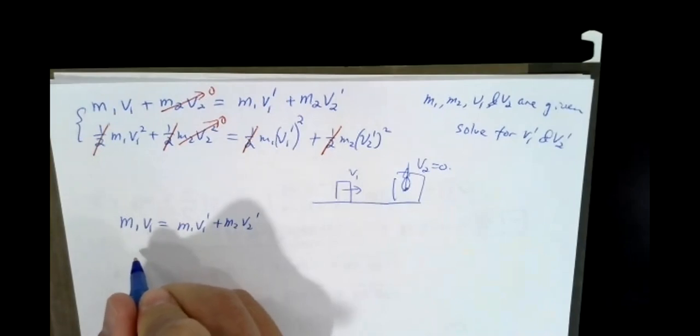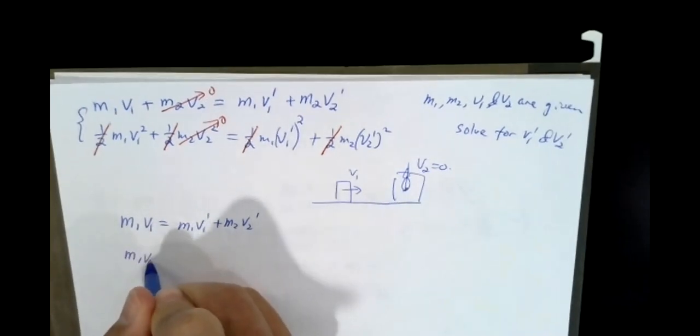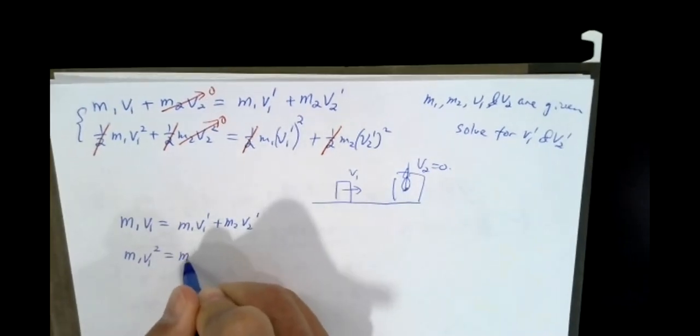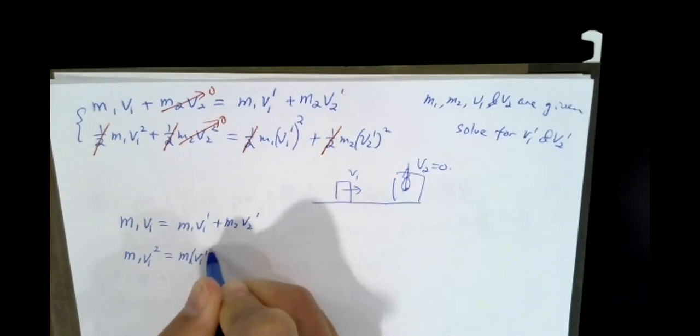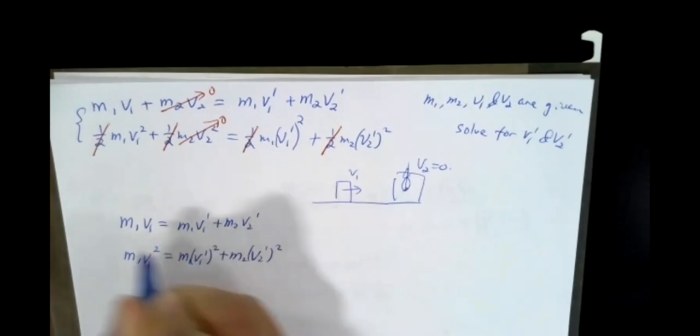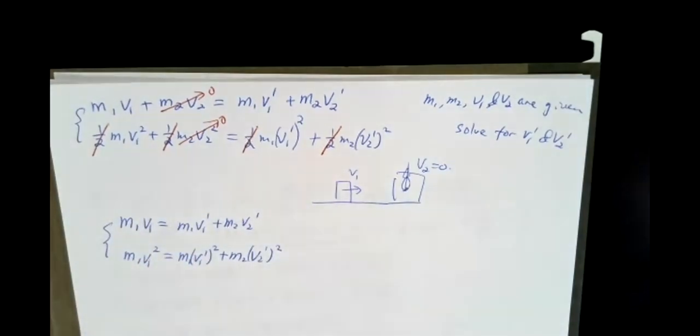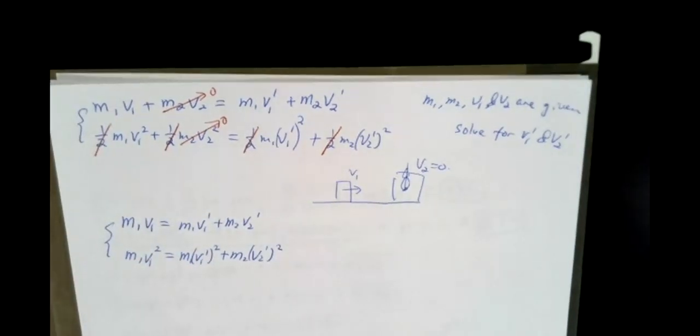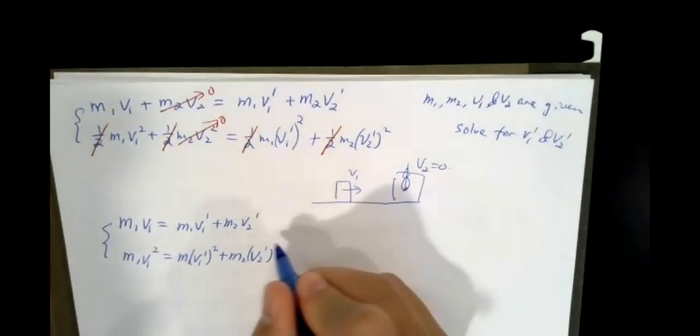And the second equation: m1 v1 squared equals m1 v1 prime squared plus m2 v2 prime squared.